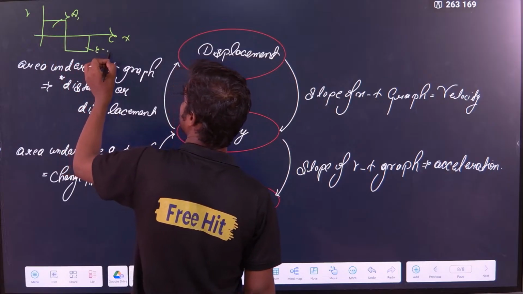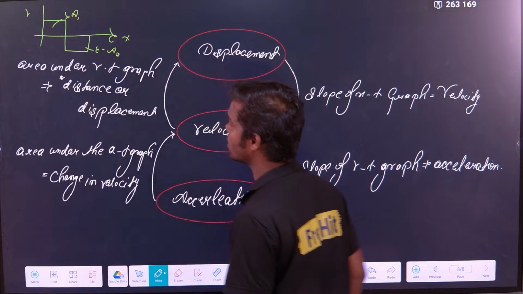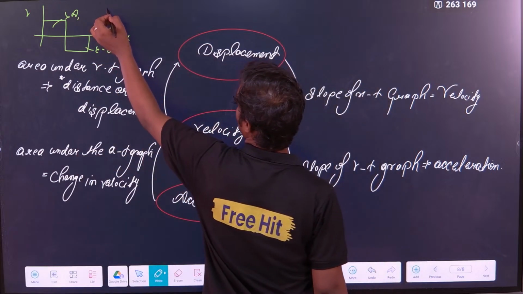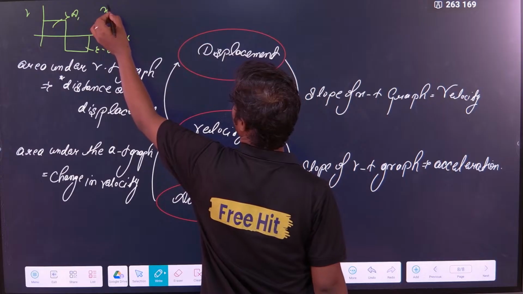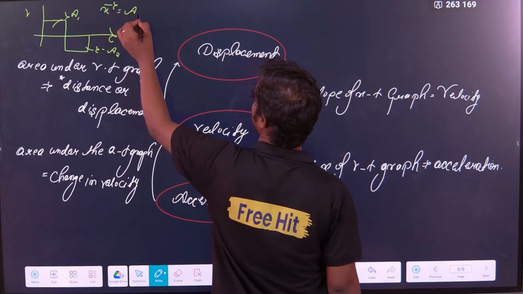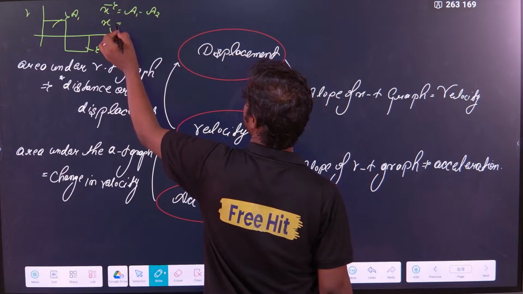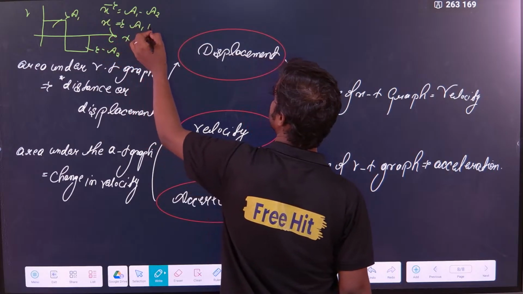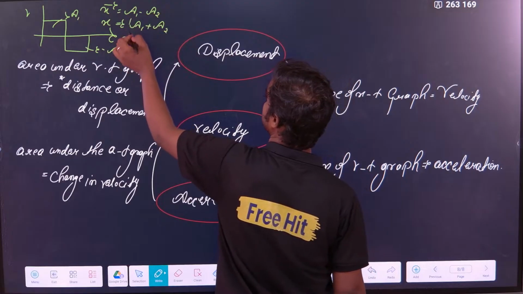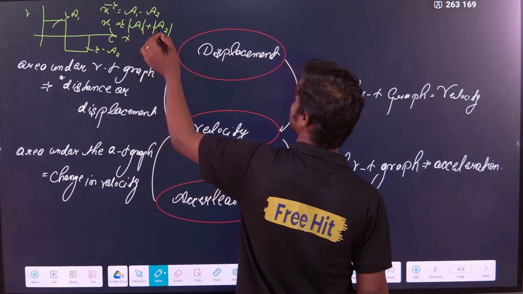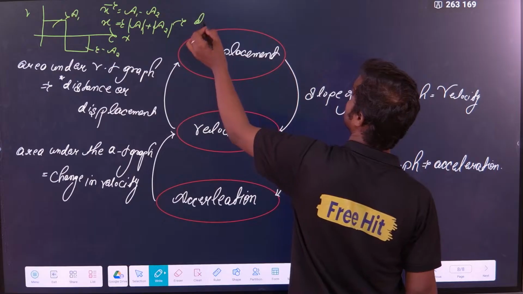This area will be minus a2. If I want to calculate the displacement, my displacement x vector will be equal to a1 minus a2. Whereas my distance x is equal to a1 plus a2. Means you have to take the magnitude only.